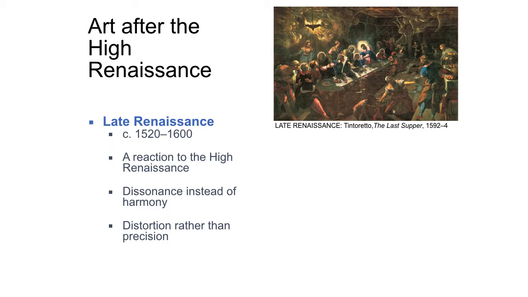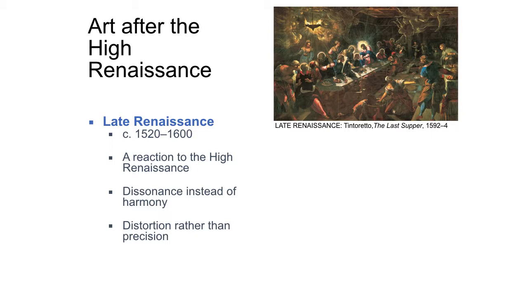The new generation of artists in the late Renaissance were trying to come into their own while still being under the shadow of these highly productive and famous artists of the high Renaissance. Mainly at this time, the two still living were Michelangelo and Titian.